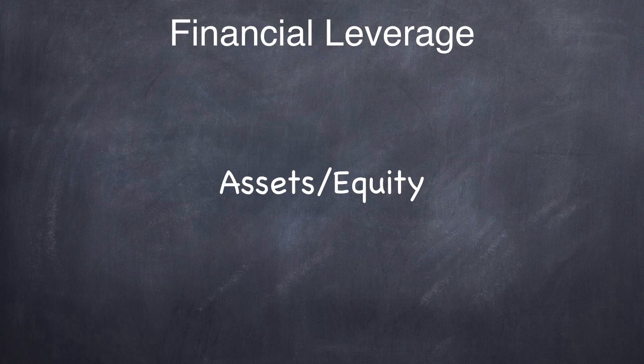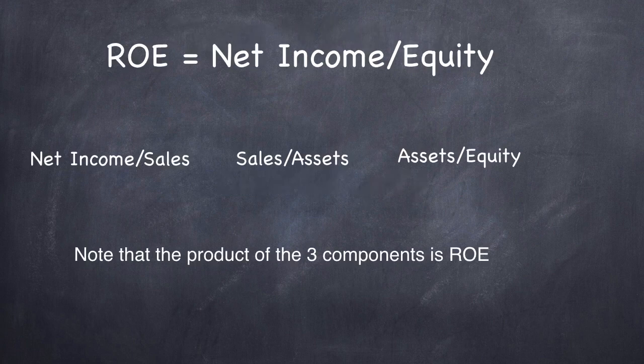In effect, what this assets by equity ratio tells you is that the more the debt that is used by a company or business to finance its assets, the higher will be the return on equity. So the three components of return on equity are net income divided by sales, sales divided by assets, and assets by equity. Now, if you multiply these three, it will come to net income divided by equity.